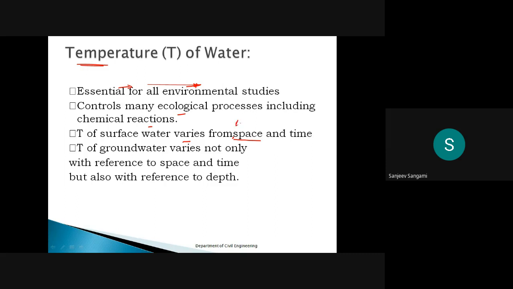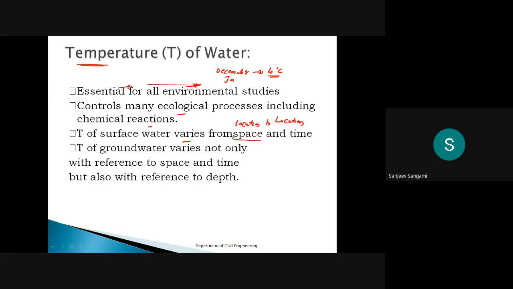From space means location to location. In the sense that if you go to North India, there will be a lot of temperature fluctuations during the cold seasons. In December, it will be roughly around 4 degrees centigrade.